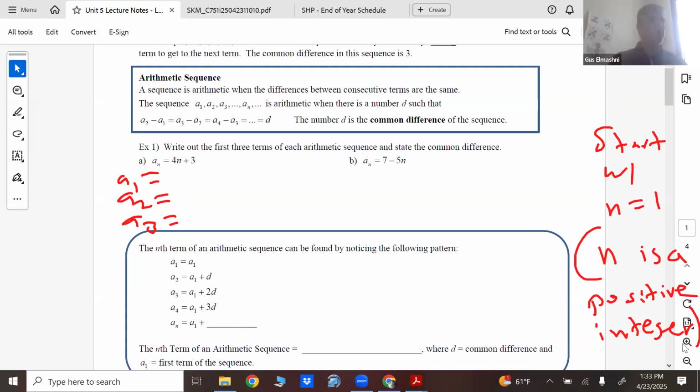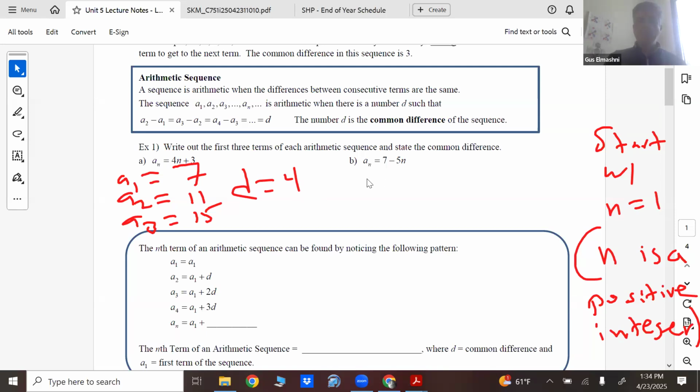William, you were mentioning that about regression, right? I could show you later how it looks. But anyhow, if I plug in 1, what do you get? Plug in 2, what do you get? Plug in 3, what do you get? And what's your common difference? And notice that the coefficient of n represents the common difference.